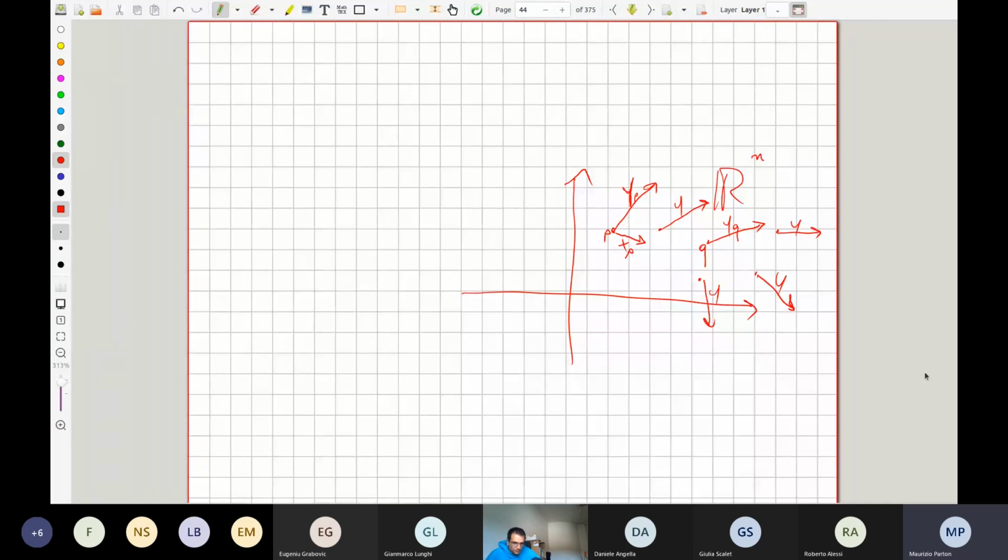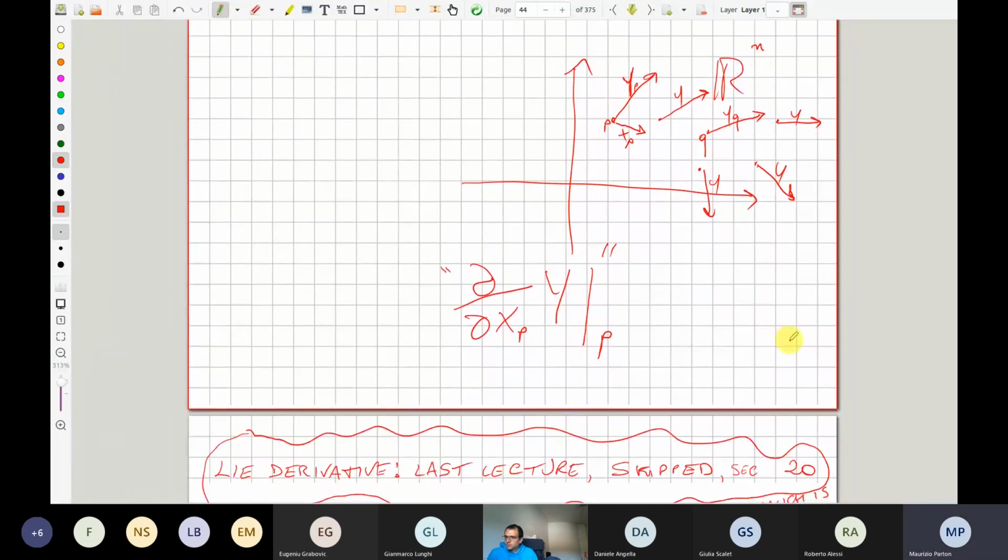If I want to take the derivative in the direction xp of y computed at the point P, what can I do? The standard idea is just to connect these two vectors: take this vector and move it here.